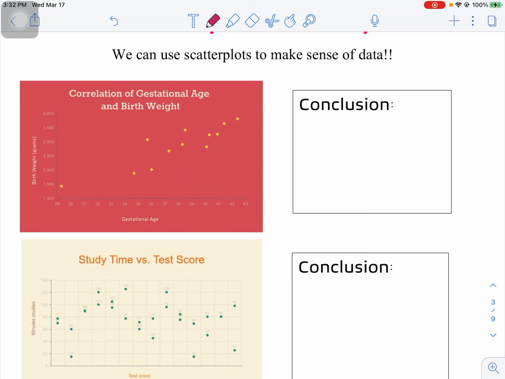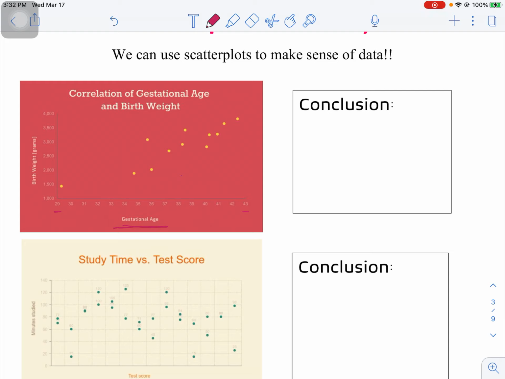So our first one, it says the correlation of gestational age and birth weight. So that's how old someone is when they give birth to a child. So we can see at 29 and it goes up to 43. And gestational age, if you think about how long someone carries a baby, 40 weeks is when you're supposed to have a baby.